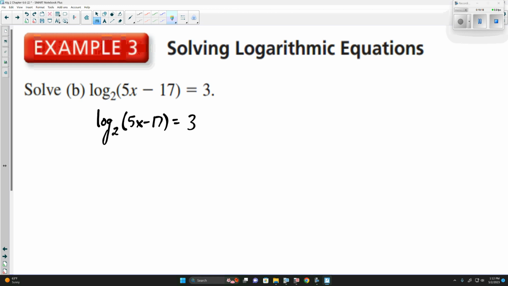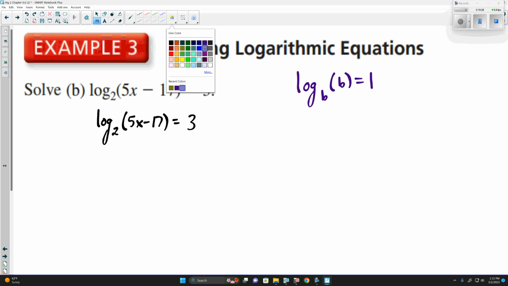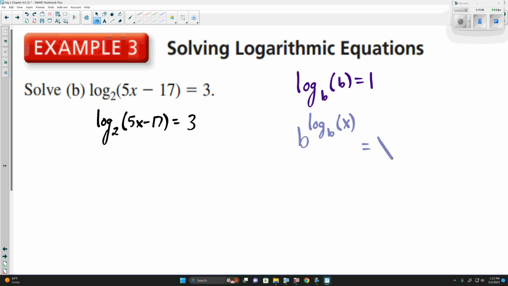Now we said earlier today that log base b of b was 1. Whenever the base and what's inside are the same, it simplifies to 1. Now we had another property, b to the log base b of x, and this worked out to be x.